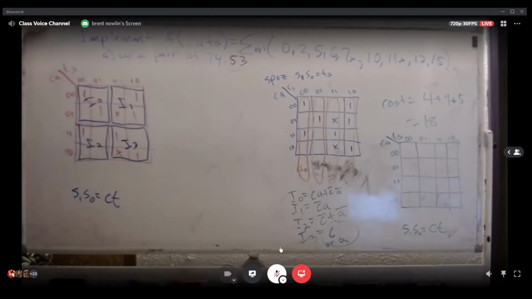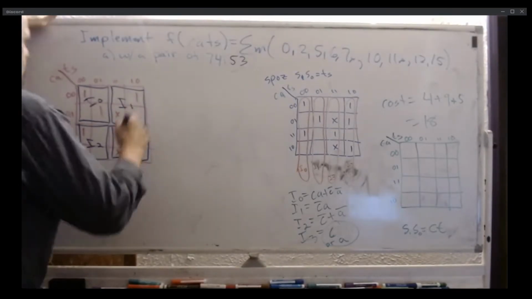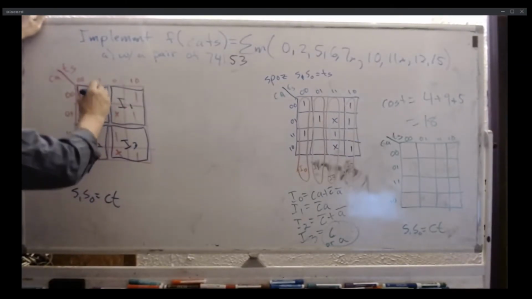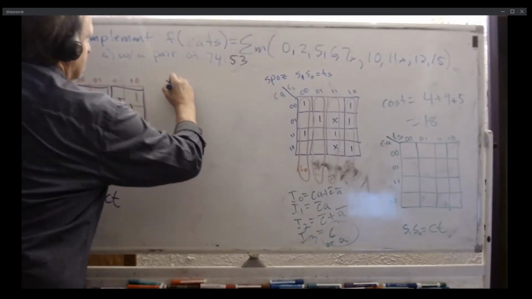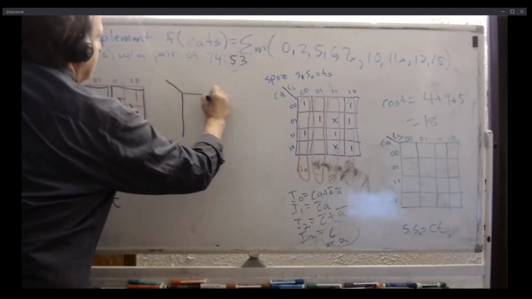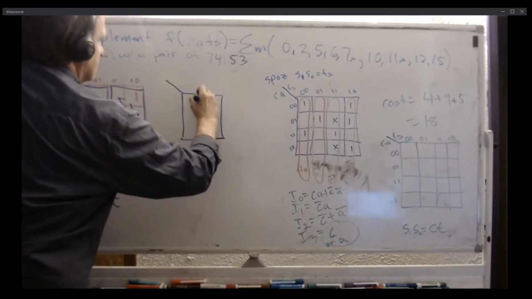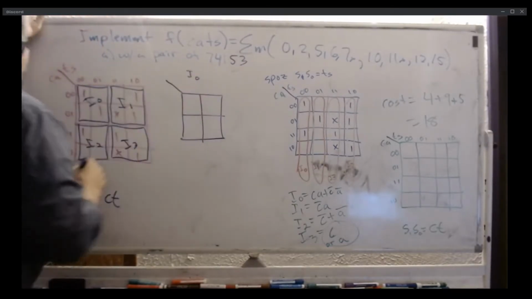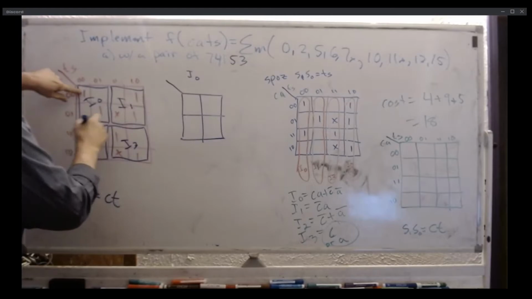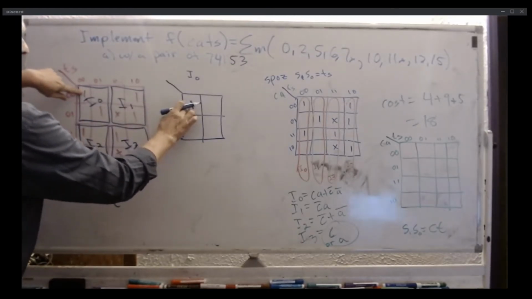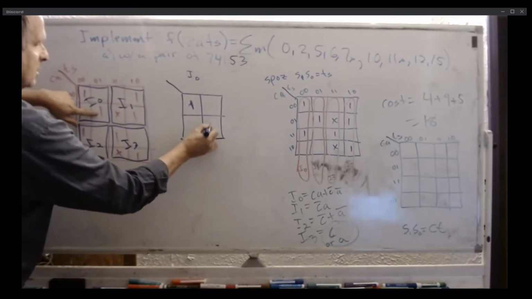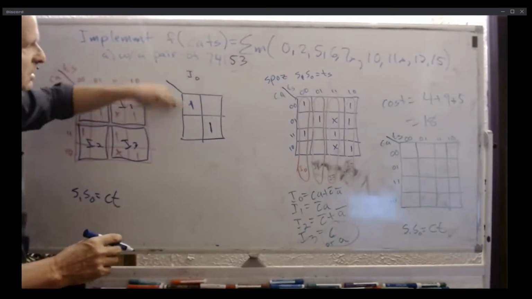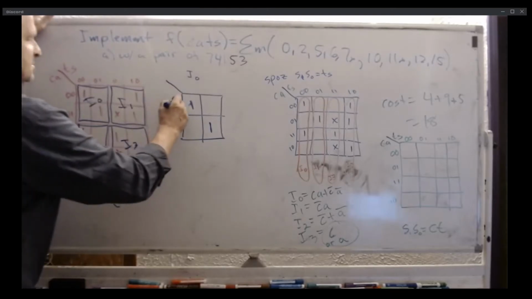If you wish, you can actually extract your own little K-map for each one. And it's easy when you're in squares. You're going to have a 1 in the upper left-hand corner, a 1 in the lower left-hand corner. The question is, what specifies the rows and the columns?